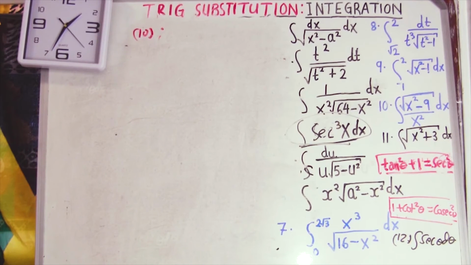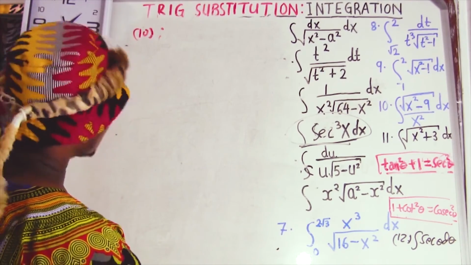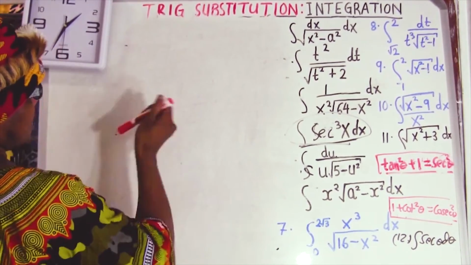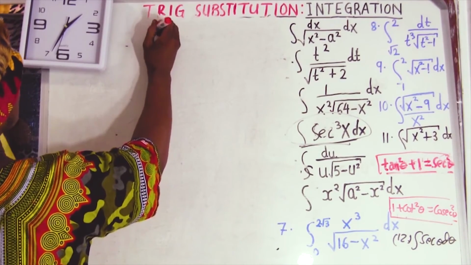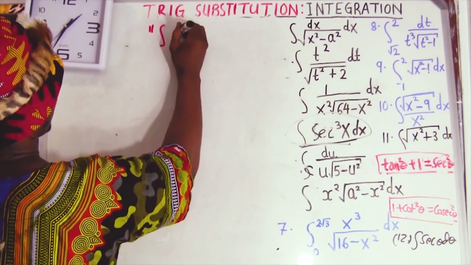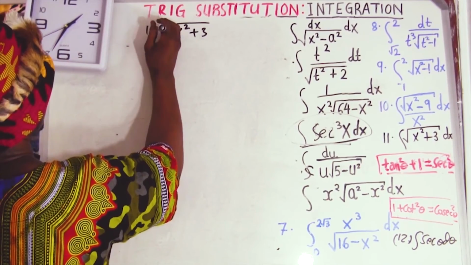So I'm going to skip that one. Let me go to question number 11, because that's almost also sec, just no substitution. And then question number 11, that one is tan. Let's do that one. That's very interesting. Integral x squared. So this is going to be our question 10 now.